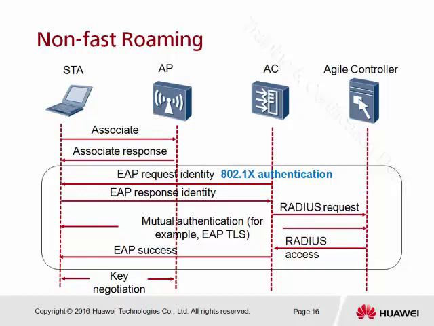The AC is going to base on all the information from the PC here and check the identity, so whether this is an allowed MAC address to form the connection with me or not. If everything belongs to the whitelist, that means the AC is going to connect with the PC here. Then it will send the RADIUS request to the Agile controller, or maybe the RADIUS server.